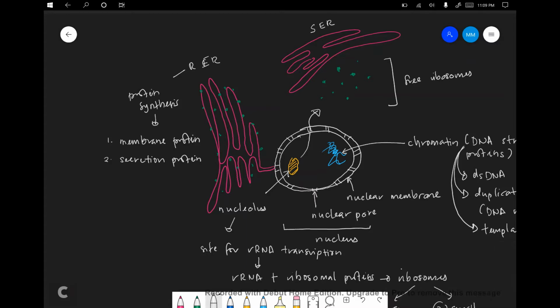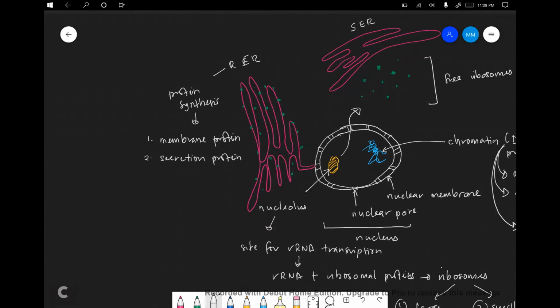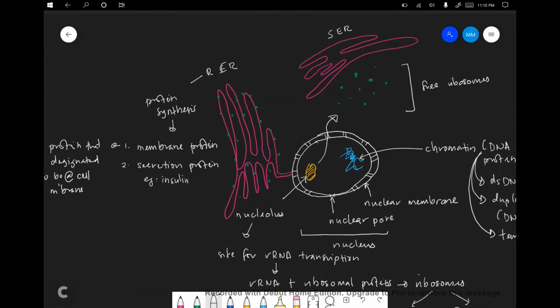The protein that is designated to be at the cell membrane. And secretion protein means the protein must be exported out from the cell. So an example given here is our insulin protein. So that is the duty of the rough endoplasmic reticulum.